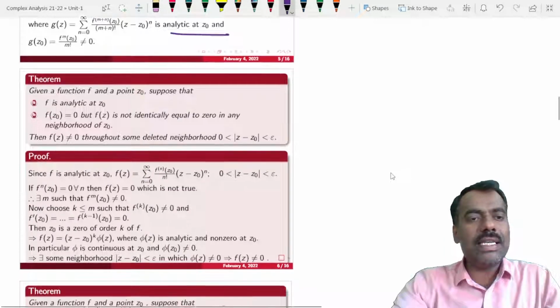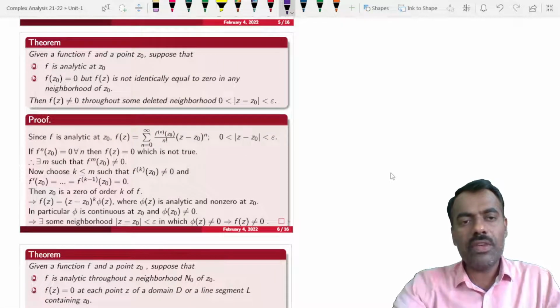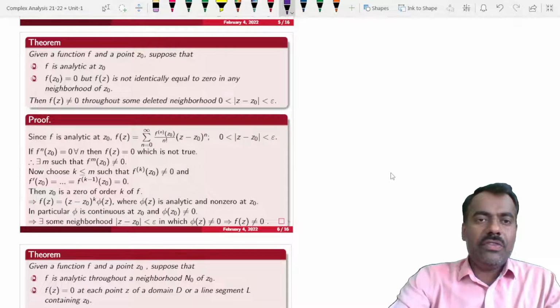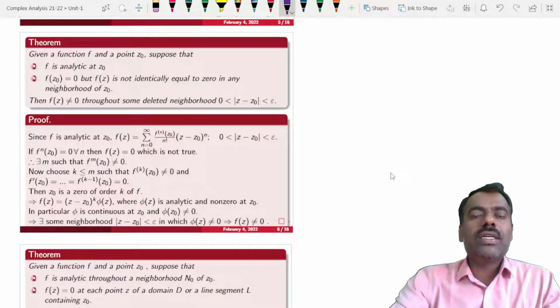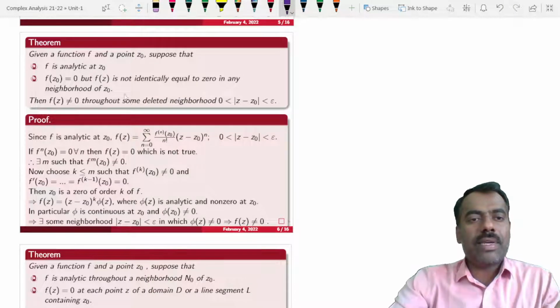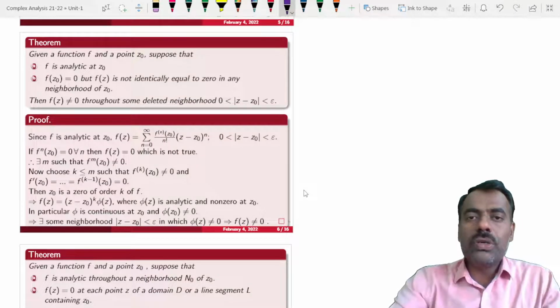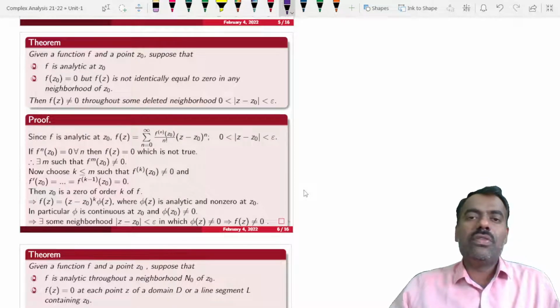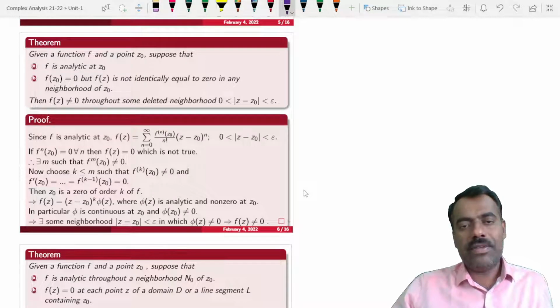Now, this is one interesting result we have here. If we have an analytic function, then under some conditions, zeros of analytic functions can be isolated. So this result is about zeros which we can separate in different neighborhoods.